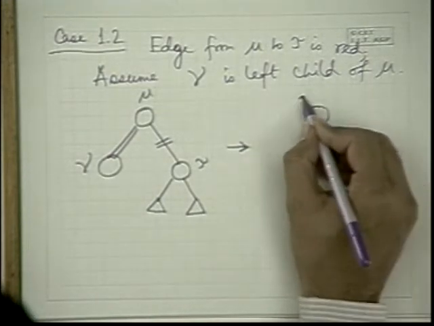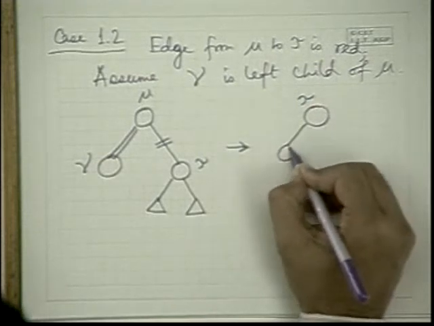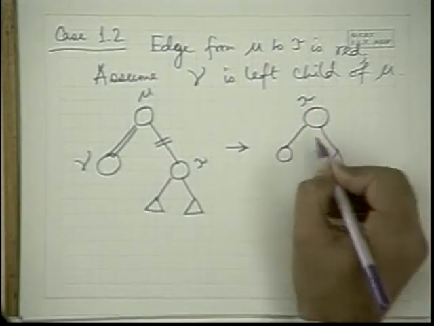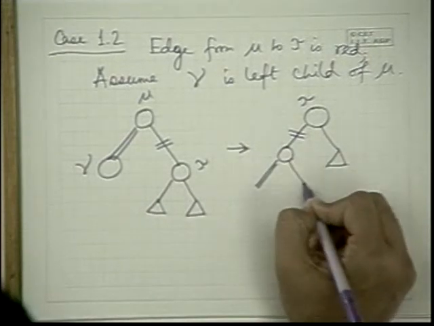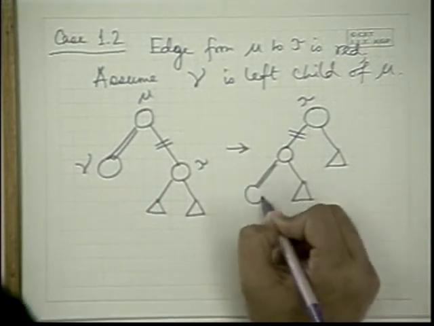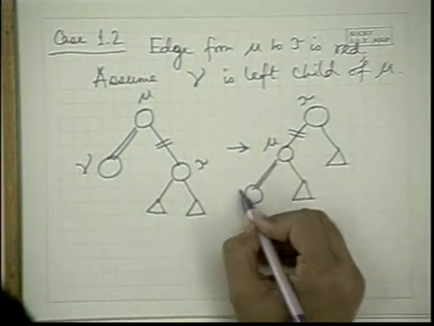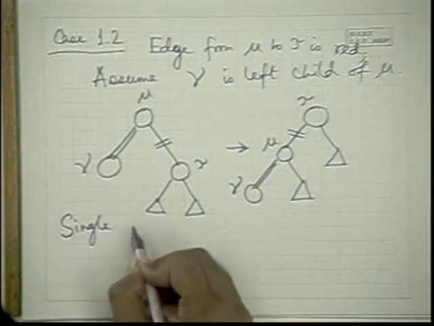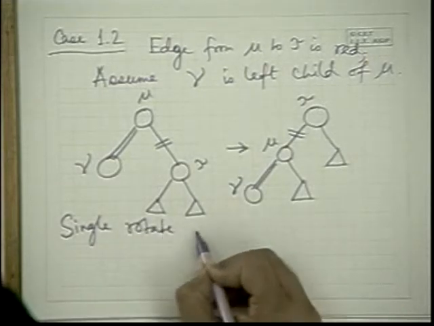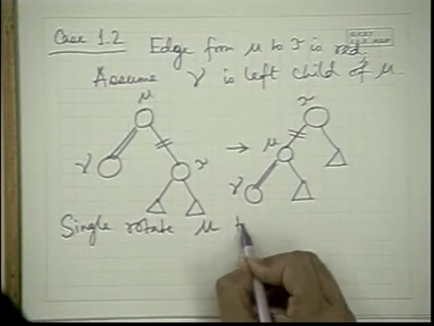So in this case, can you tell me what should be the case? Actually, we will do this way now, single rotation actually. So this becomes nu. So this is single rotate nu to left.